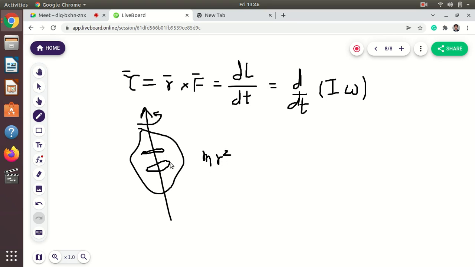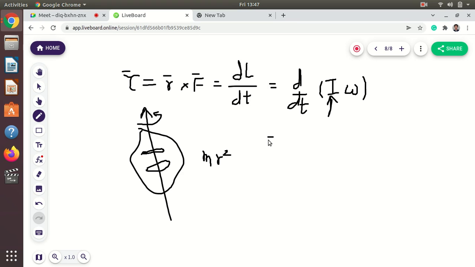From this axis, r is not going to change because the particles follow a circular path. For a circle, r is not going to change, and the mass of the particle is also not going to change. Therefore, this I, the moment of inertia, is not going to change with time. So we can treat it as a constant and take it outside the derivative.